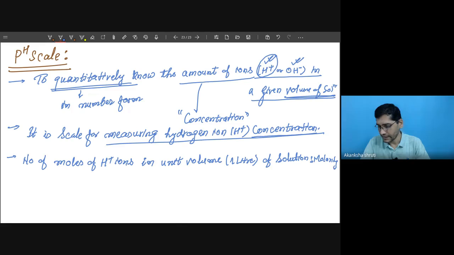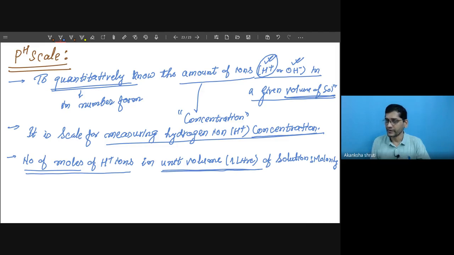In class 9th I had listed various ways of expressing concentration, like molarity, molality, normality, mole fraction, mass percentage. But generally we are counting how many moles of hydrogen ion are present in 1 liter of the solution.